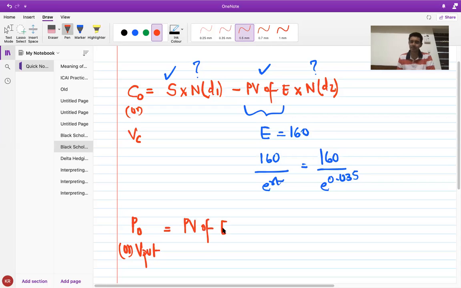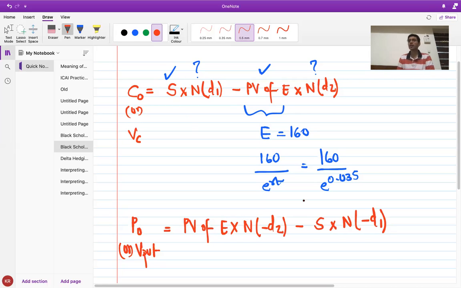present value of exercise price into N minus D2 less spot price into N minus D1. If you do a comparison between the value of a call option and the value of a put option, S into ND1 was the first term in value of a call.